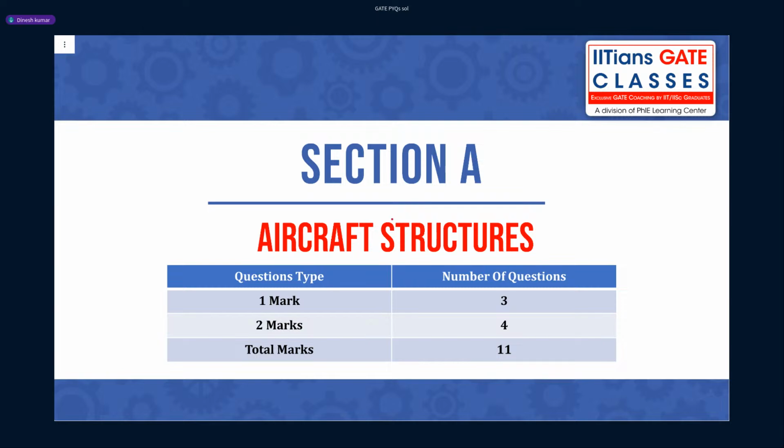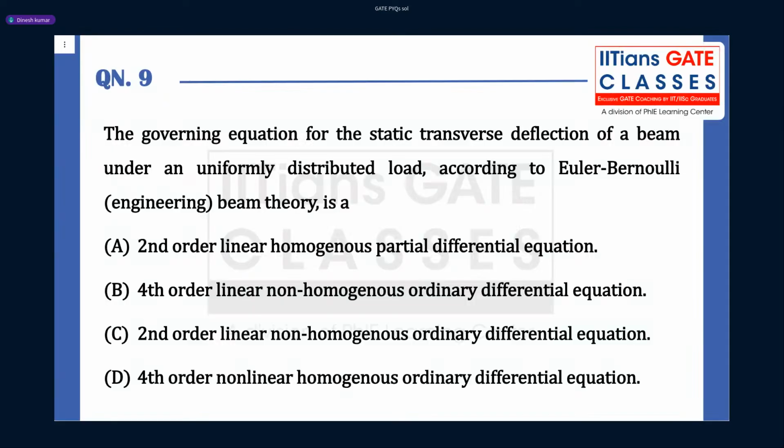So the weightage is very low in the GATE 2012 paper. Usually the weightage of aircraft structures in GATE Aerospace Engineering is close to 17 to 20 marks, but in this paper it is only 11 marks.